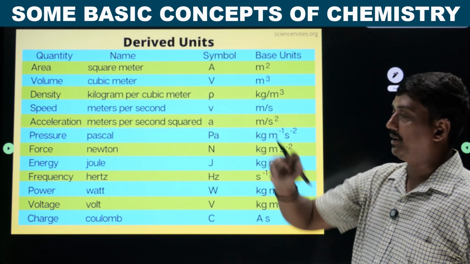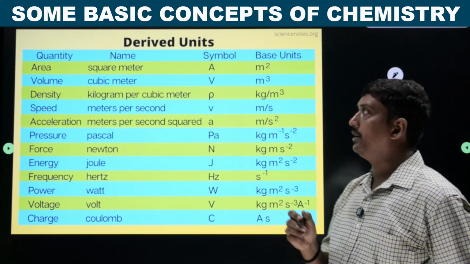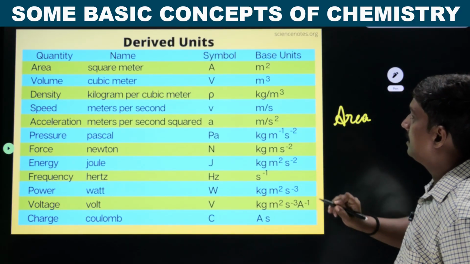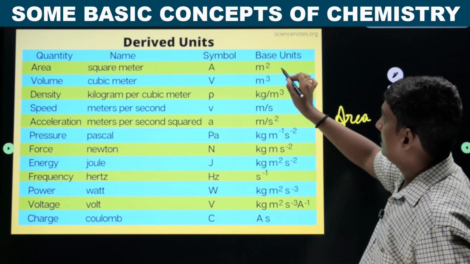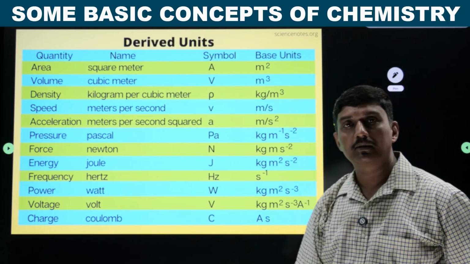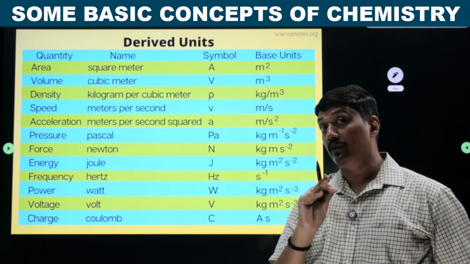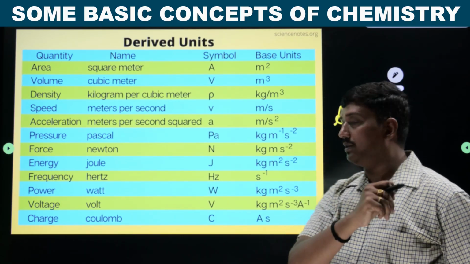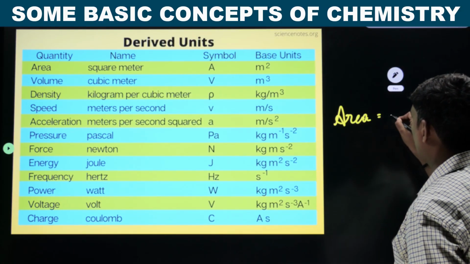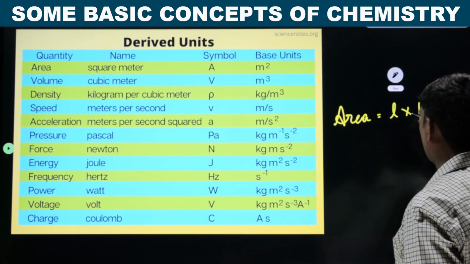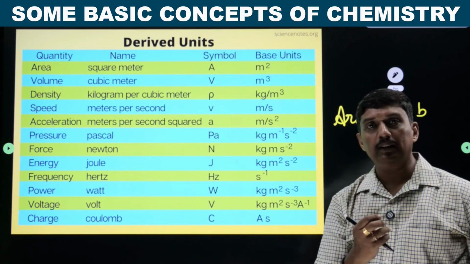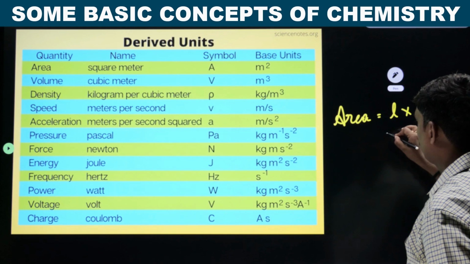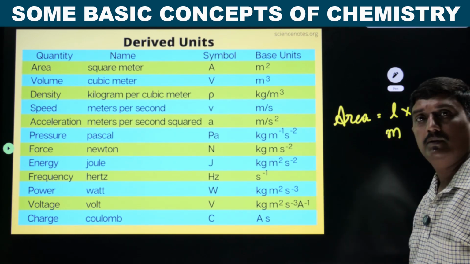For example, take area. What is the meaning of area? If you observe the unit, it is given as meter square. Meter square is a unit, not meter. Area is equal to length into breadth. How is length measured in the SI system? It is in meter.